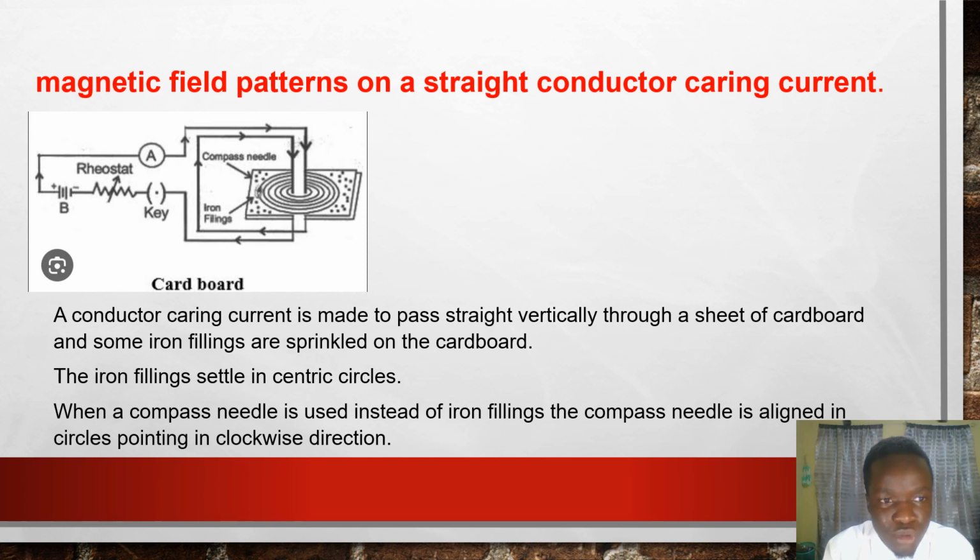Hence, as the current passes through, the iron filings will be easily magnetized, and they will follow the path of the magnetic field patterns. When a compass needle is used instead of iron filings, the compass needle is aligned in circles pointing in a clockwise direction.